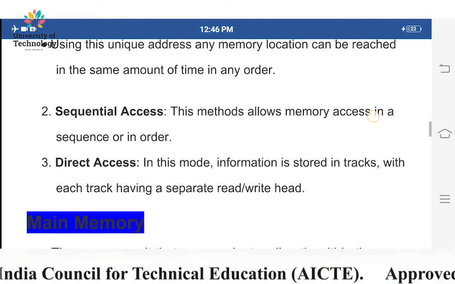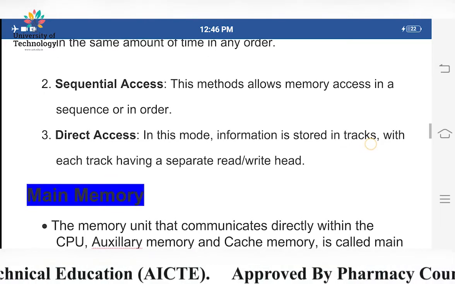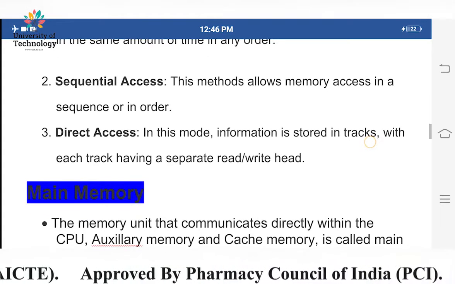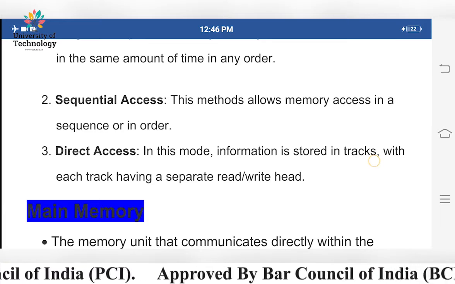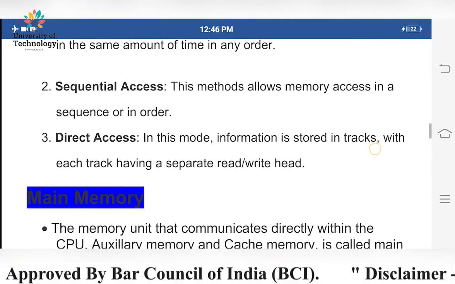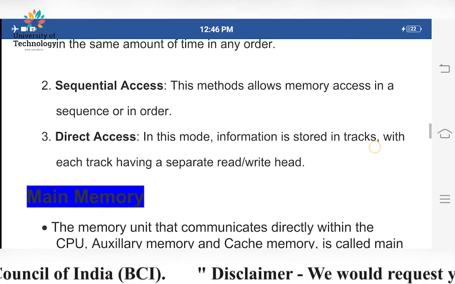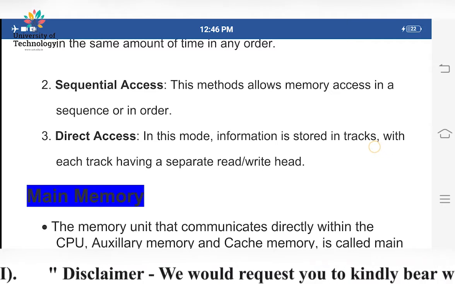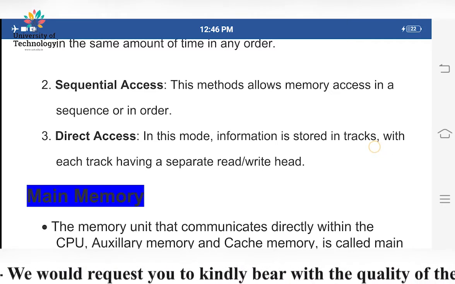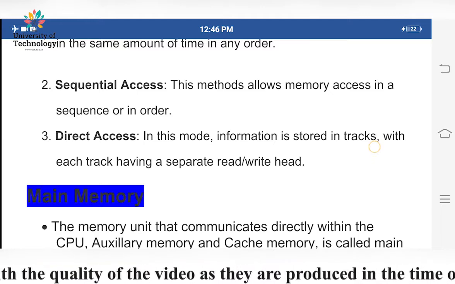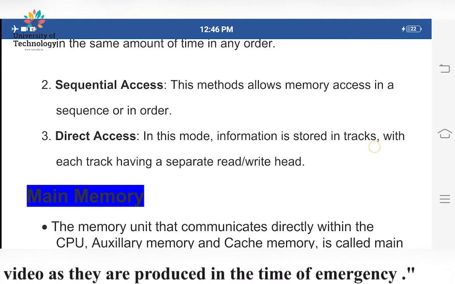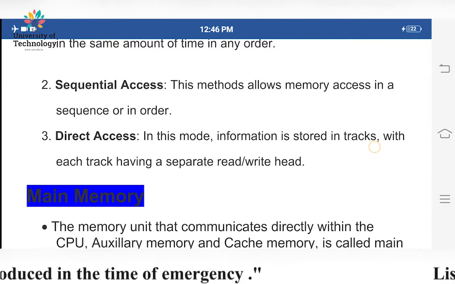Clear? Now, second, after random access we have sequential access. The second method of accessing memory is sequential access. What does sequential access mean? As the word sequence itself implies, we get this from the name itself. Sequence means something in a particular order.